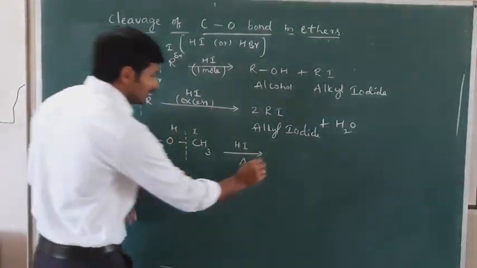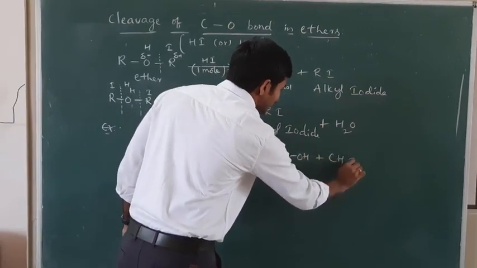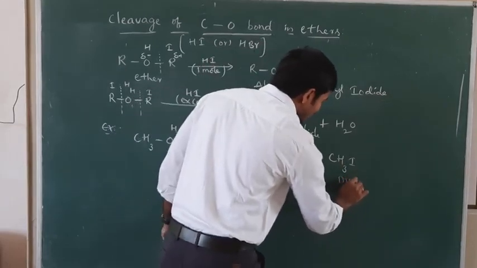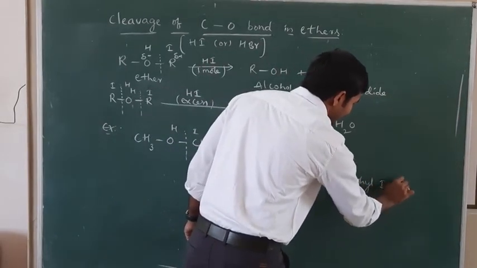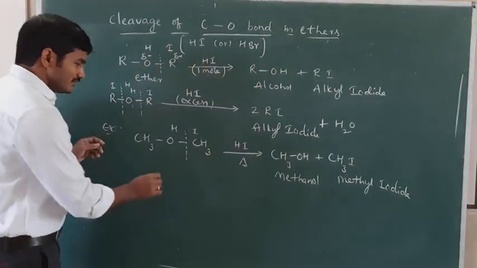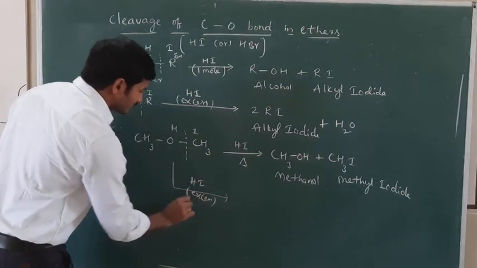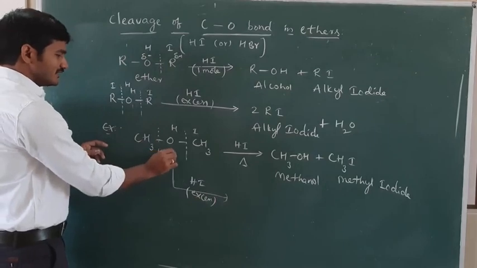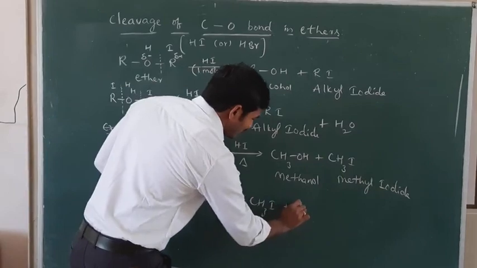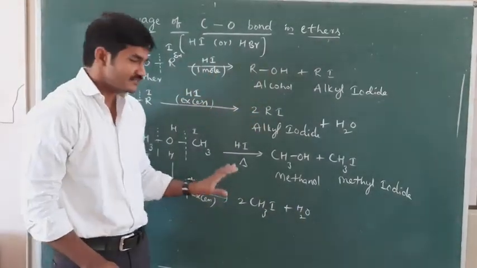The products are CH3OH plus CH3I, methanol and methyl iodide. As I told you, if I take excess, the products we get are: here also break the bond, H here, I here. So the products are 2 moles of alkyl iodide and H2O. We don't get alcohols when we take excess.